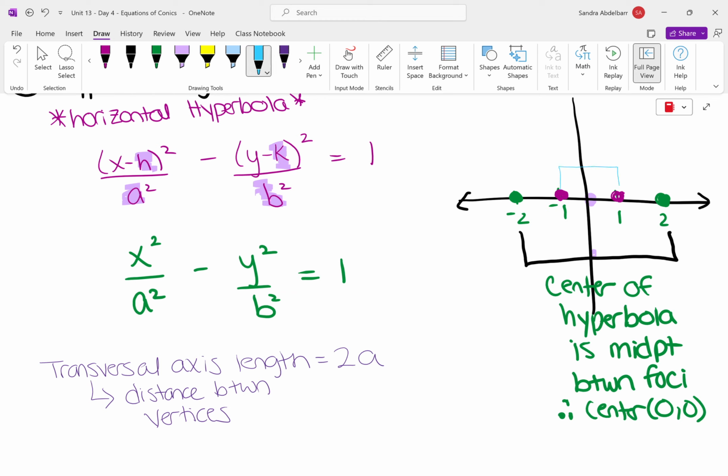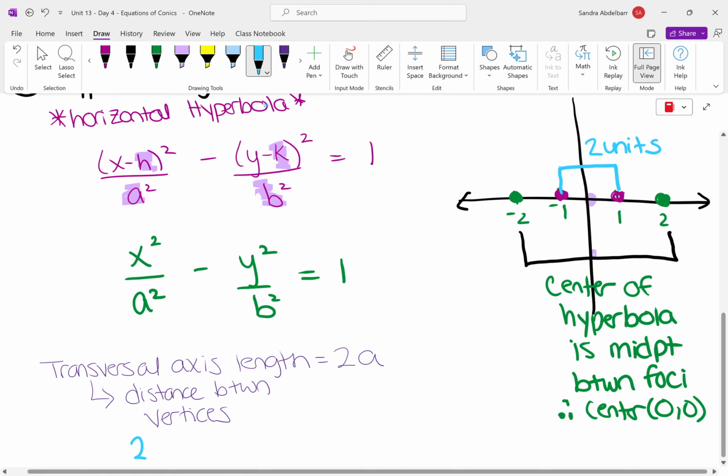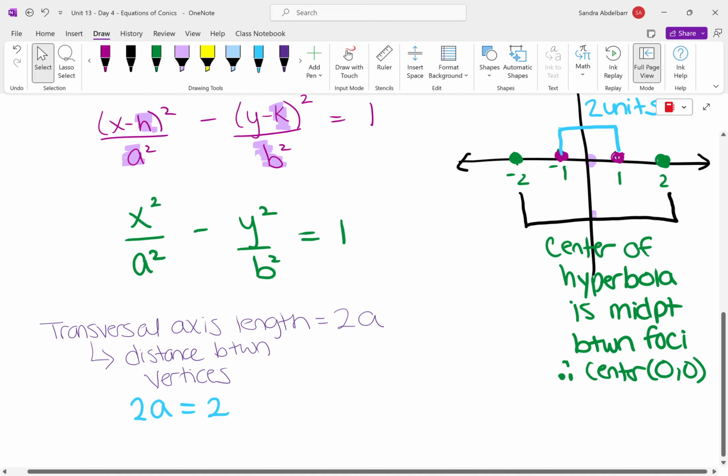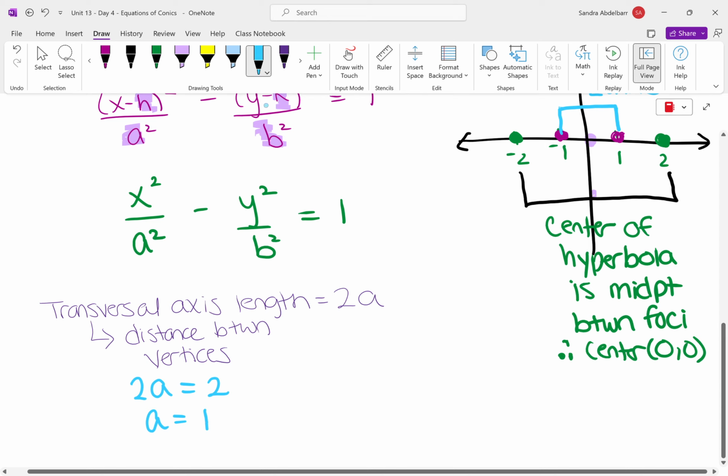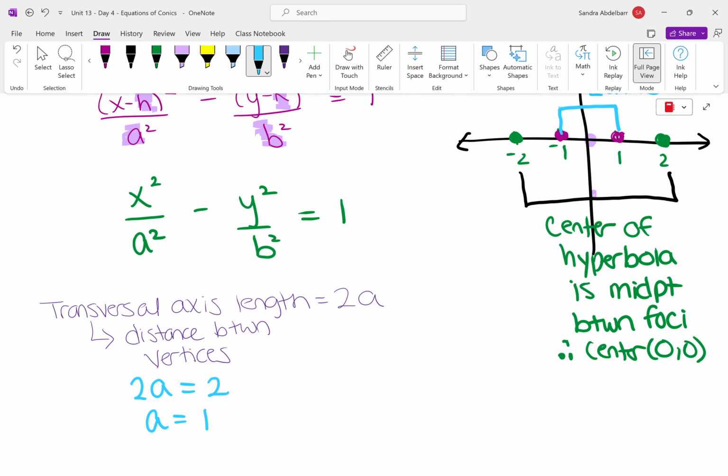So the distance between my vertices from -1 to +1, isn't that 2 units? So that means 2a is equal to 2. So what does a equal? 1. So now I have my a, I have h, I have k.